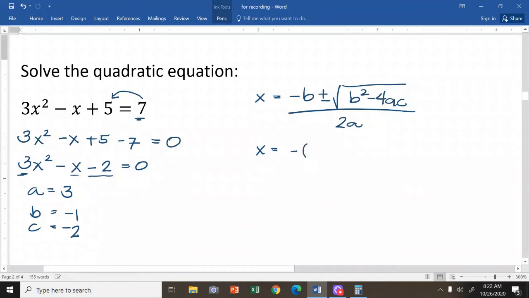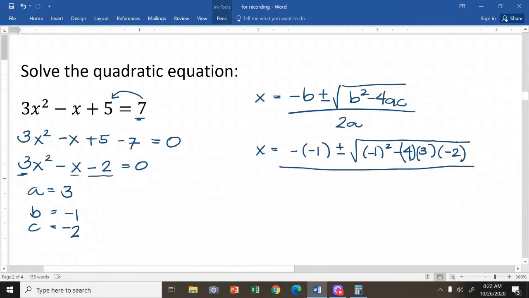So meron tayong negative of negative 1 plus minus square root of negative 1 squared minus 4 times a, ang a natin is 3, and then ang ating c is negative 2. Yan. And then, i-divide natin lahat by 2 times a, which is 3.